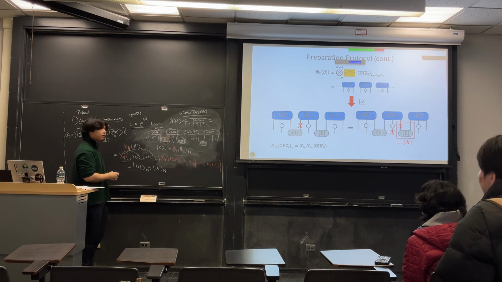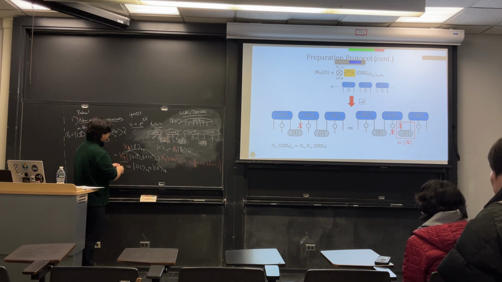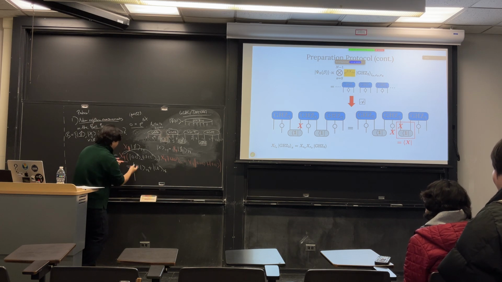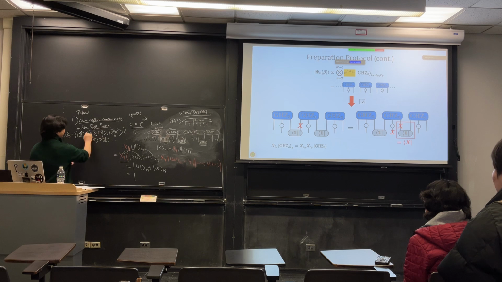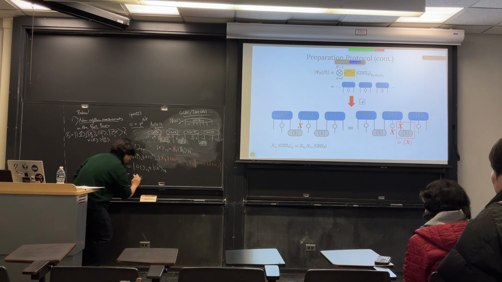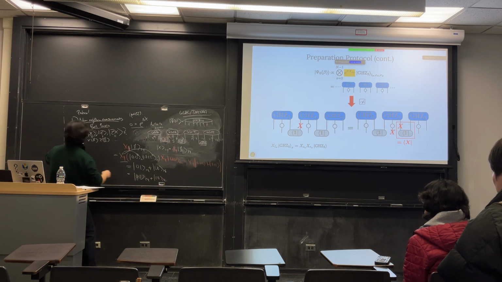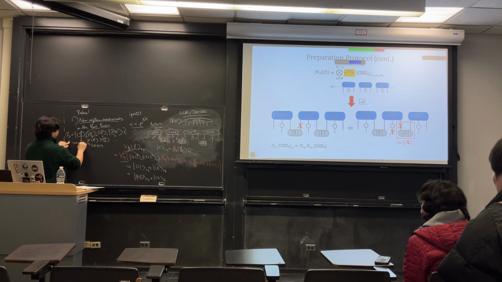Okay, so what you'll notice is the X Bell state is literally just this. I guess I'm writing the exact same thing again, but X is 0, 1 plus 1, 0. 1 is 0, 0 plus 1, 1.